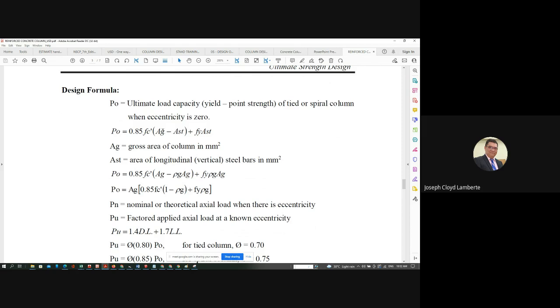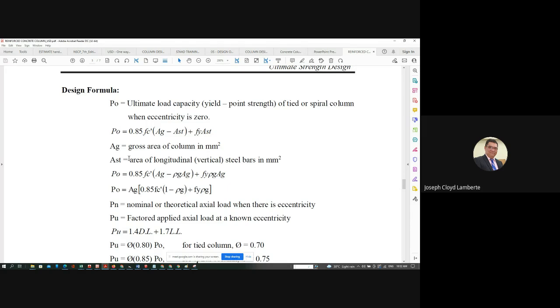So gross area minus area of steel gives the net concrete area, multiplied by 0.85 f'c, plus Fy times Ast. This is mathematically and theoretically your formula, wherein Ag is the gross area and Ast is the area of the steel.